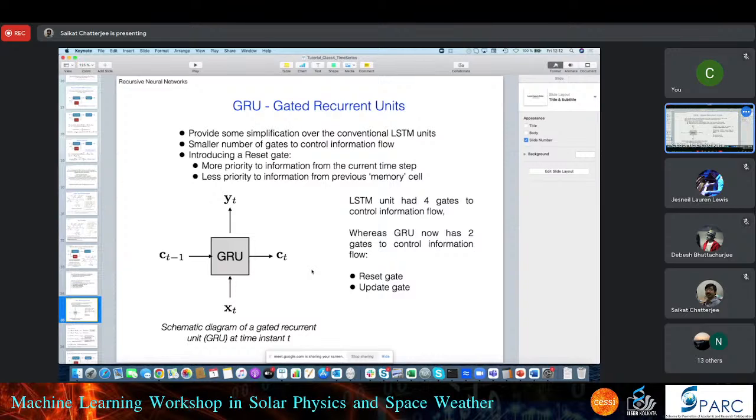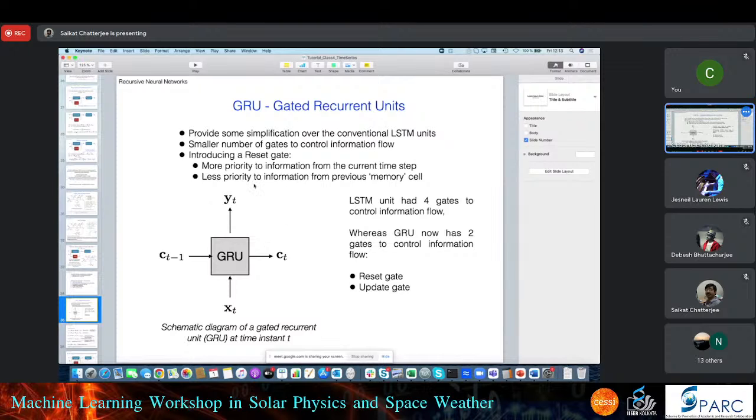It's a similar thought process that my current sample is dependent more upon my recent past samples than on long memories. Memory of course acts, but still what I'm seeing now, the short-term correlations, may be more important. The LSTM unit has 4 gates to control information flow. GRU now has 2 gates to control the information flow. One is called reset, one is called update gate.